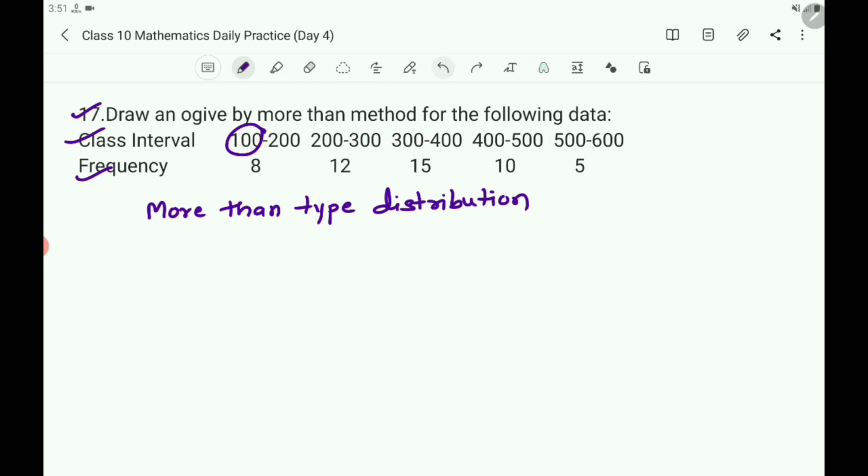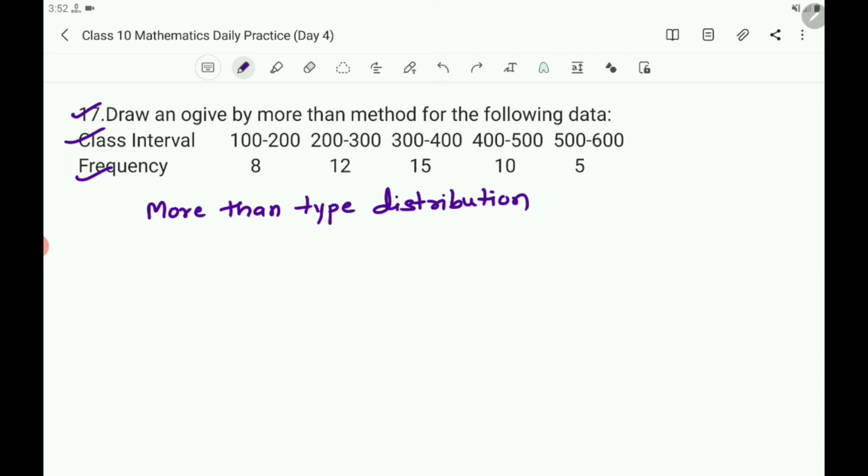Here more than 500, you have to write 5, and more than 400, the sum of these two, and more than 300, you have to add this. Again more than 200, we have to add this. To more than 100, we have to add this.